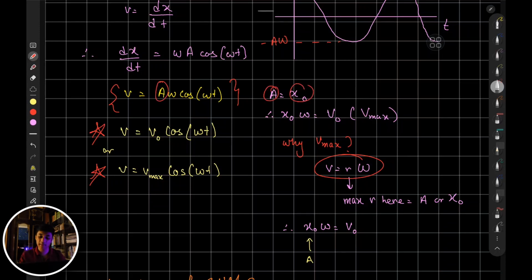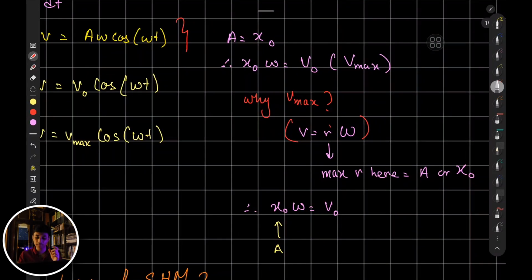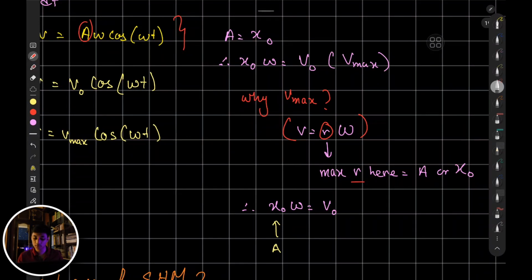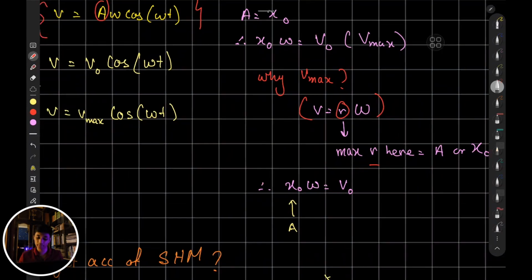A is nothing but the maximum displacement. Omega is the angular frequency. So can you compare it to this equation? Here is r, here is a. So instead of r, we have the maximum displacement. So if you plug in the maximum r or maximum displacement, you get x naught omega or a omega.